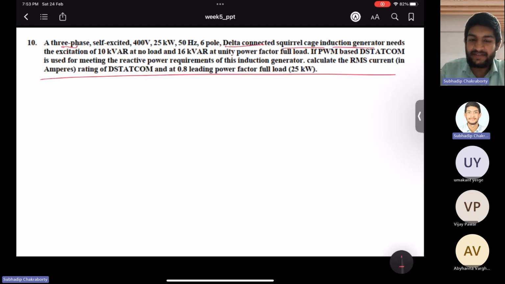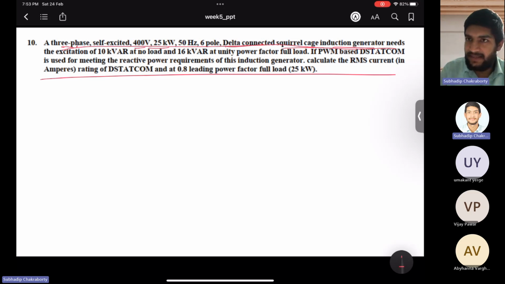So you have been given that a 400 volts, 25 kilowatts, 50 hertz, 6-pole delta connected squirrel cage induction generator is sitting there as a supply. This whole line means that. Don't get confused by such statements. They are just given to indicate that you have a supply sitting there. First line clear.